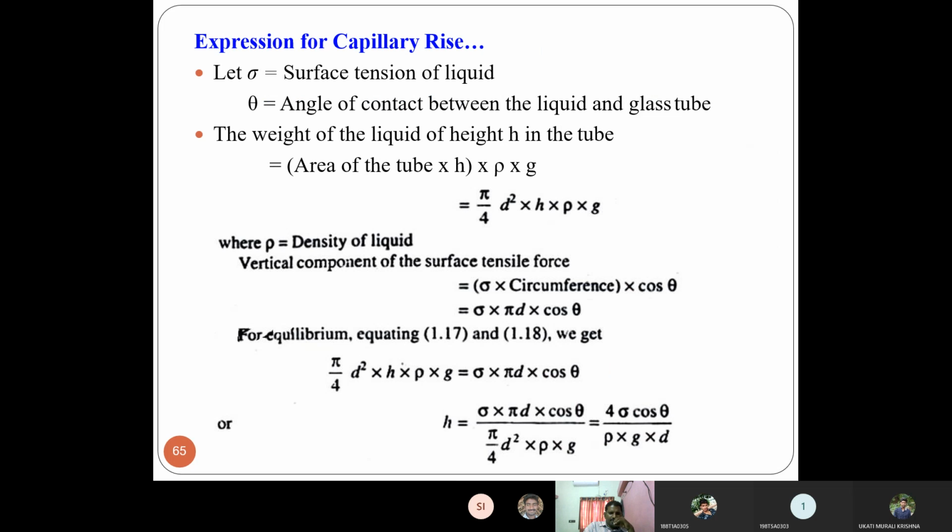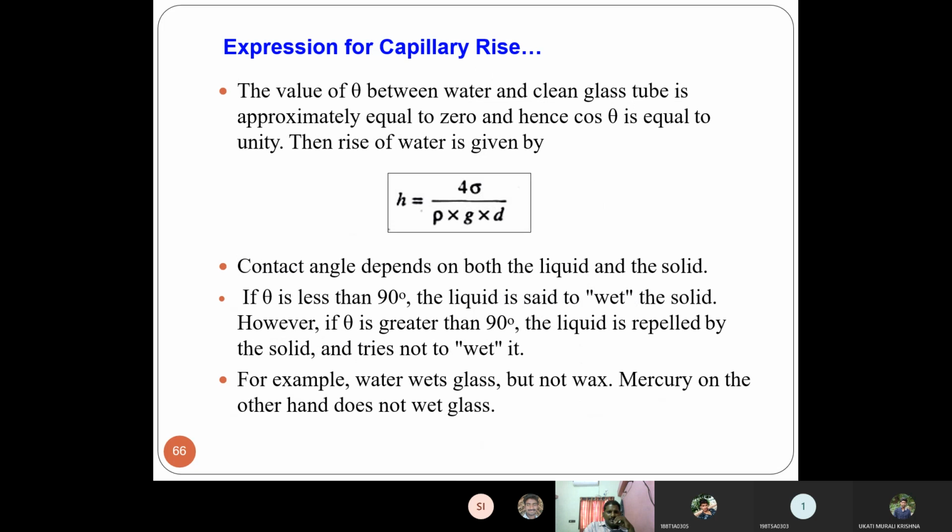Okay, what is that expression? h is equal to 4 sigma cos theta by rho g d. This is the expression for capillary rise. The value of theta between water and a clean glass tube is approximately equal to 0. Understand? And hence cos theta will be equal to unity because cos 0 is 1. Then the rise of the water is given by h is equal to 4 sigma by rho g d.